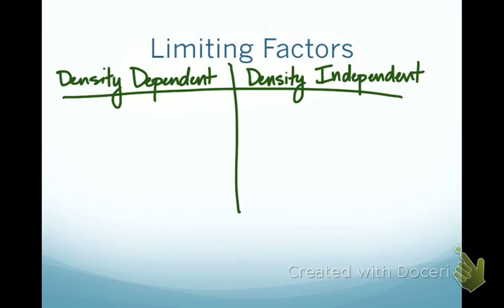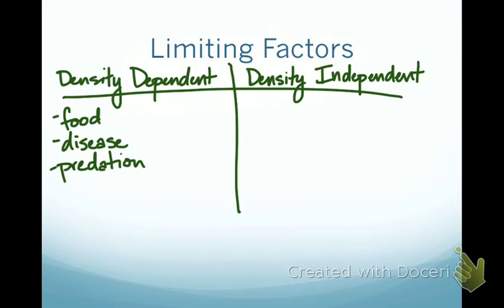So density dependent are going to be things like food, disease, and predation. It's much easier to spread diseases when you're packed closely together. Being high density as a population, especially if you're a prey population, can draw in predation.